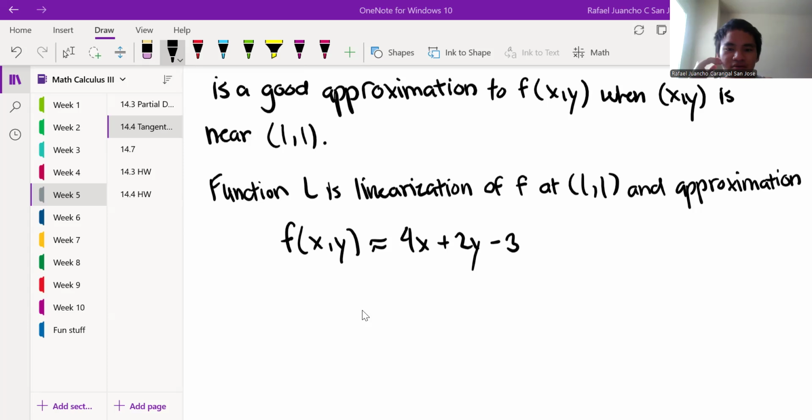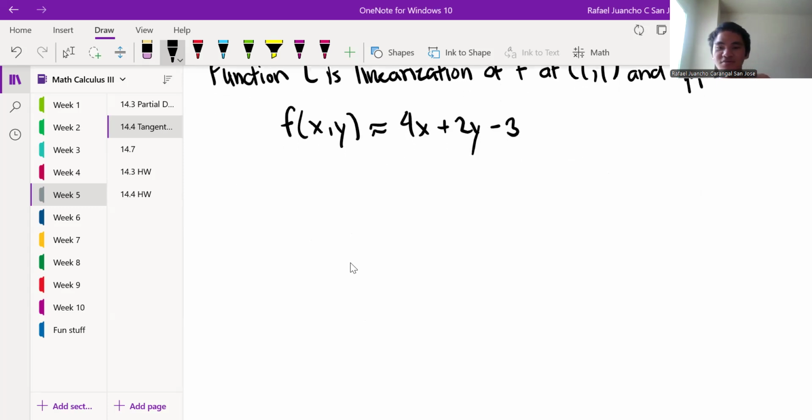I hope that makes sense. I'm not going to go through the example, but I was debating whether to go through it or not.